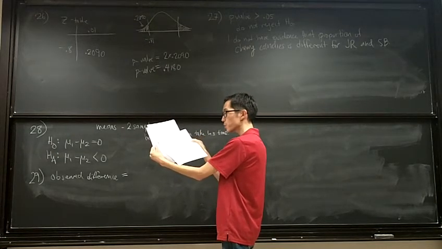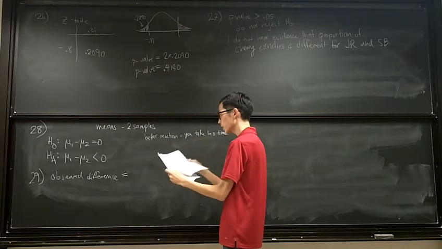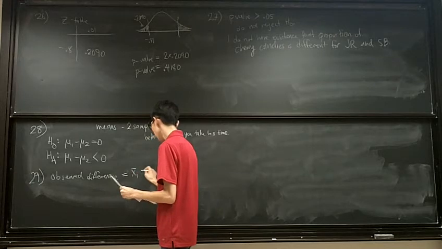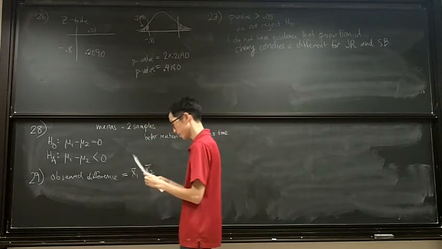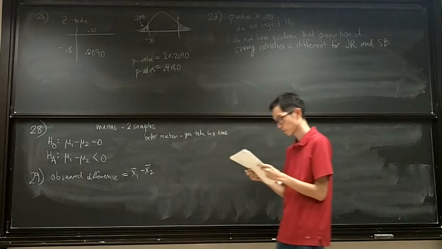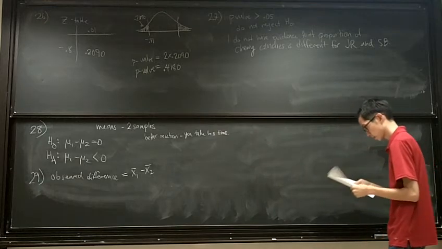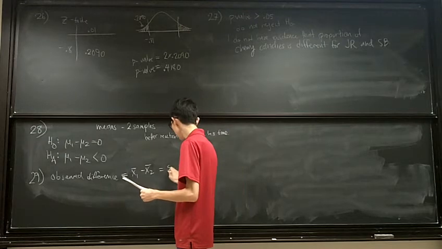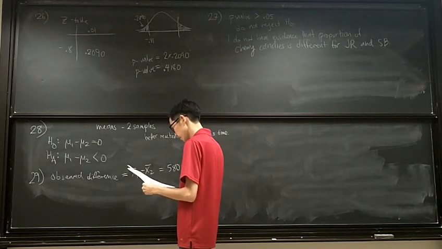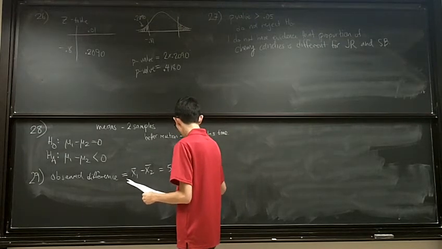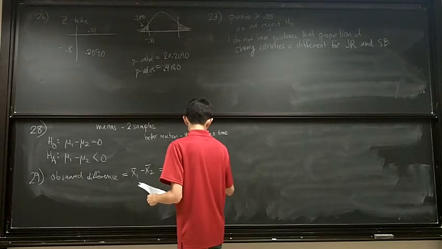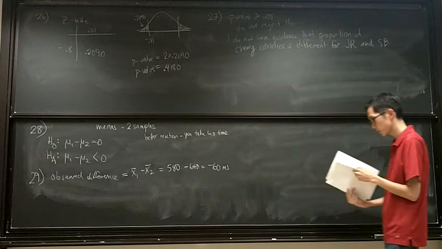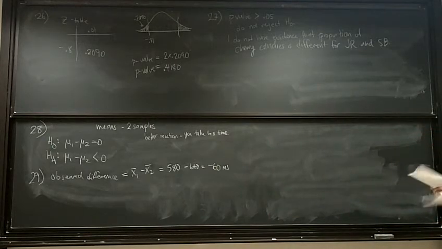The observed value is x bar 1 minus x bar 2. So in that case, this is equal to 580 minus 640. My observed difference is negative 60 milliseconds.